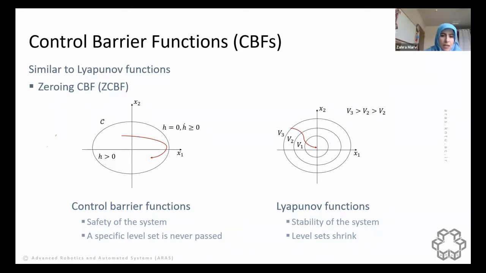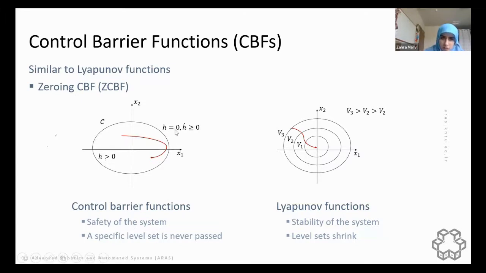never be passed. So assume that we have a function h, which is positive in the set and becomes 0 at the boundary. Now, I give an example from the adaptive cruise control problem, where h was the distance that we had. If this distance decreases, the cars are getting closer to each other.